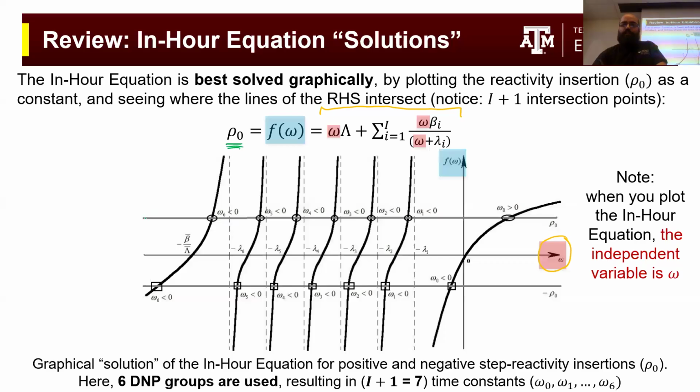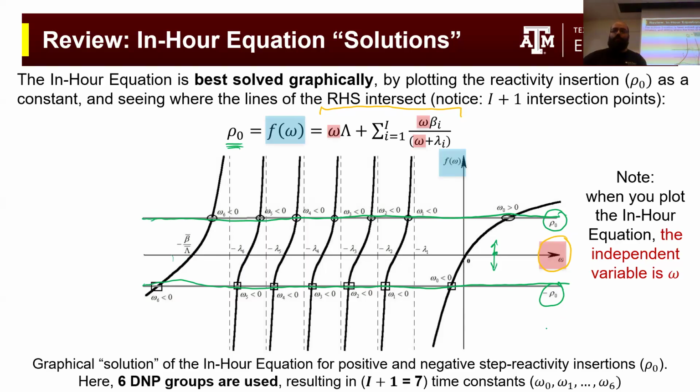The constant reactivity insertions are these two horizontal lines. This would be a constant line for the positive reactivity insertion, and this would be a constant line for a negative reactivity insertion. Those are labeled right here: that's a positive rho naught, and that's a negative rho naught, because these are above the x-axis and these are below the x-axis.